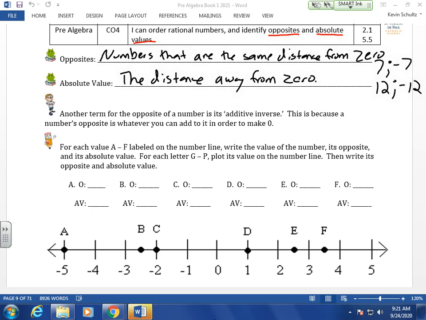And the key word here in this definition is distance, because what can a distance not be? Negative, right? When you pull out a ruler, is there any negative values there? No. It starts at 0 and counts up.